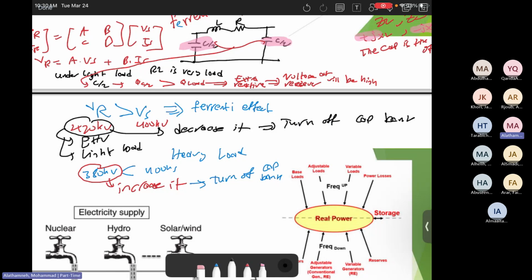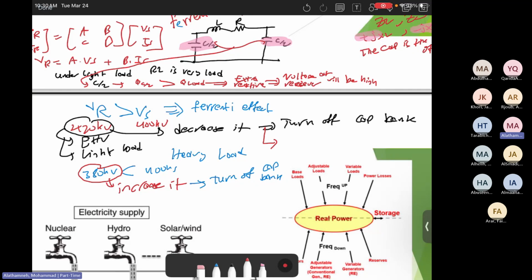But there are some scenarios where all of the capacitor banks are turned off, but there's still receiving voltage larger than the sending. So what should I do to decrease the voltage if all of them are turned off? The thing is, it is larger because we have a capacitor. How to cancel the capacitor effects?